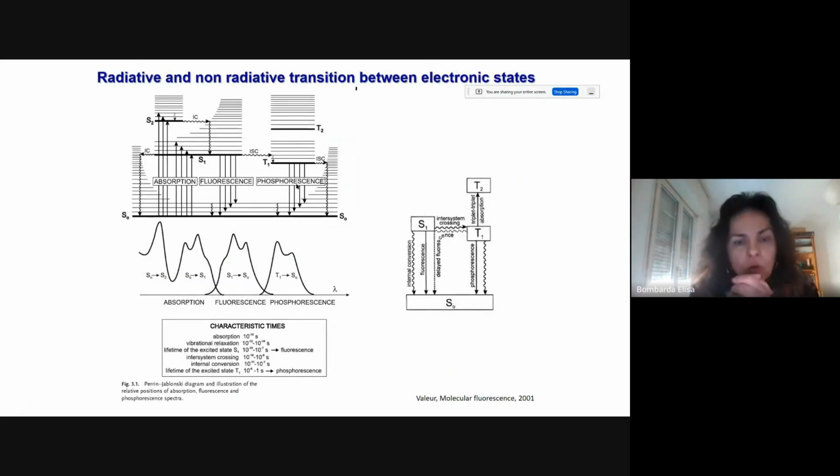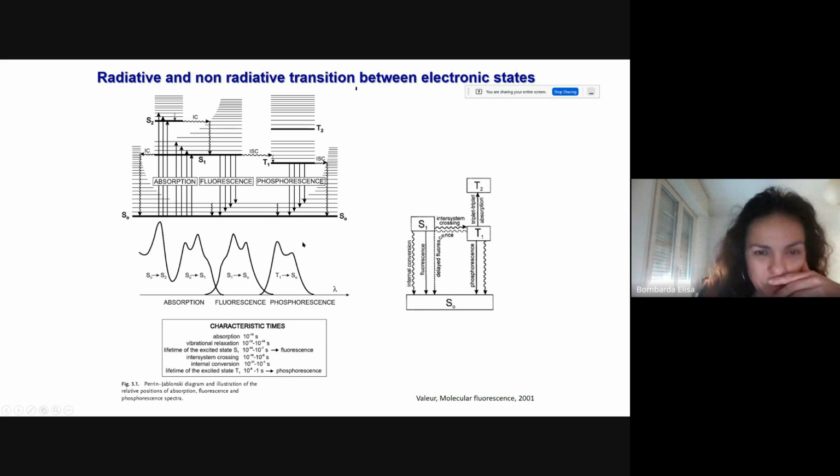Okay, so this is just another way of representing the same things I was saying. Here you have, according to the energy associated, the spectra associated with the different transitions, so S0, S2, for example, S0, S1.